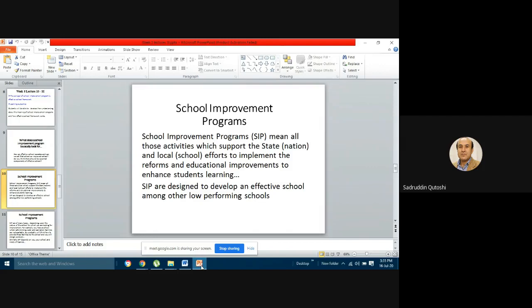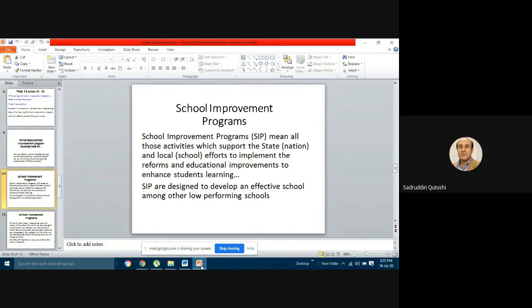So in the light of the meaning which a school improvement program carries, we can understand that school improvement programs are a set of activities which must fulfill the local dynamics of the school, which should cater to the school needs, and which should be in line with the national education policy.